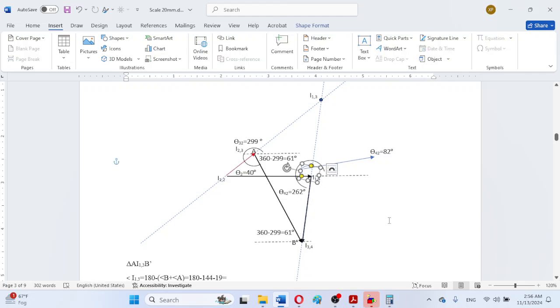The total angle here up to here will also be equal to this angle. This angle is 61 degrees. So the net angle, we can paste it here and move it here, like this.